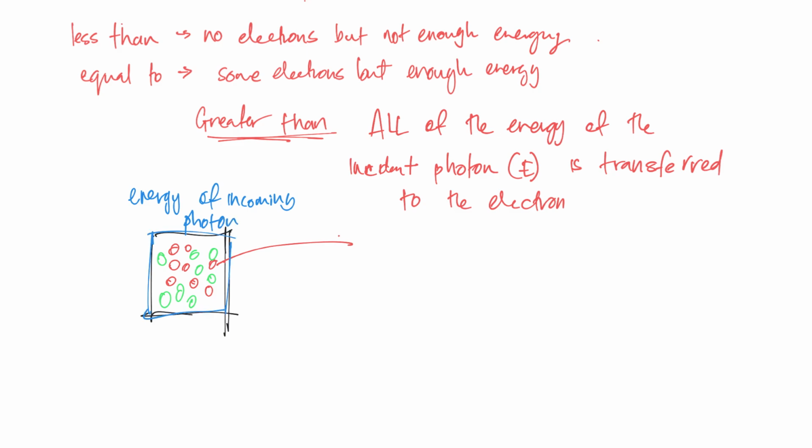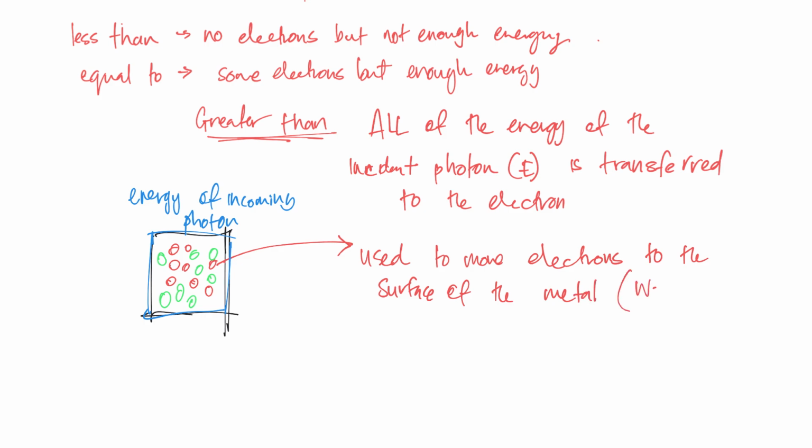We can say that some of the energy is used to move electrons to the surface of the metal. And we call that the work function. So I showed you in the diagram above.